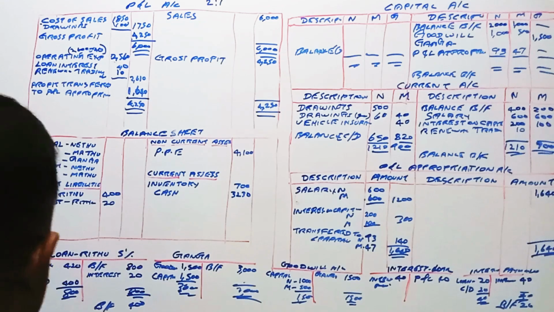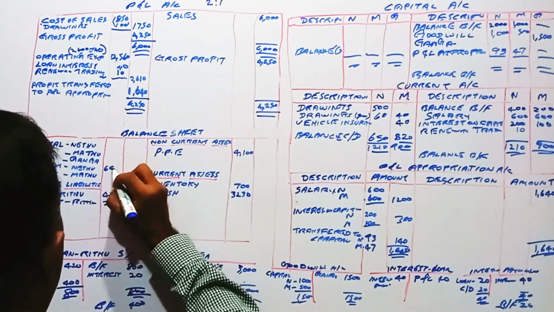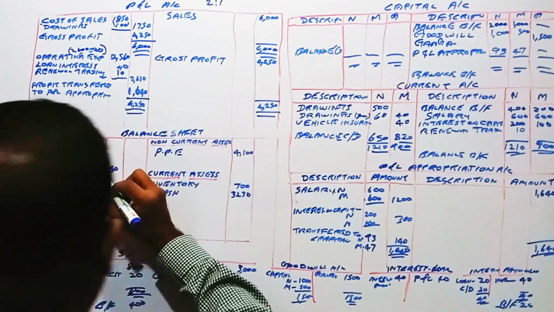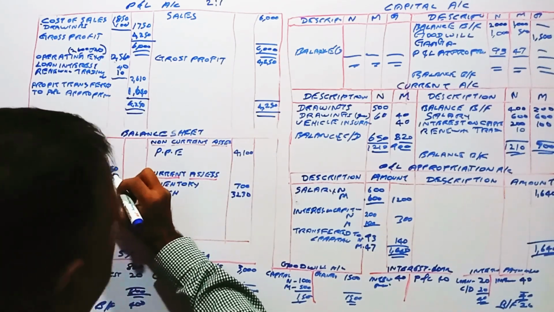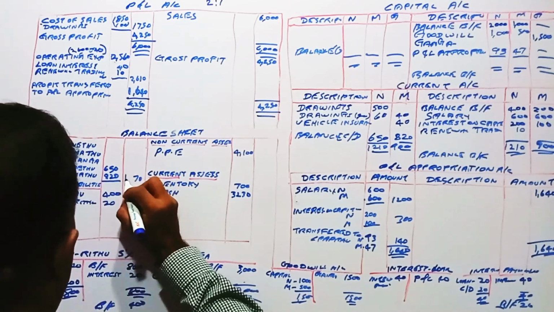650. So we have to say here current account 650 and 820, that is 71,400.